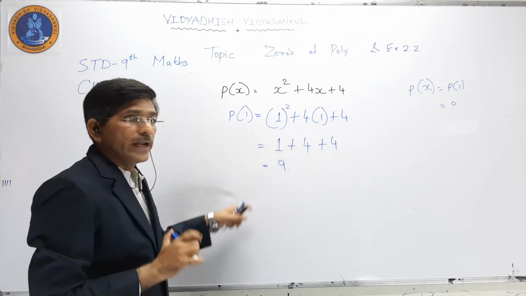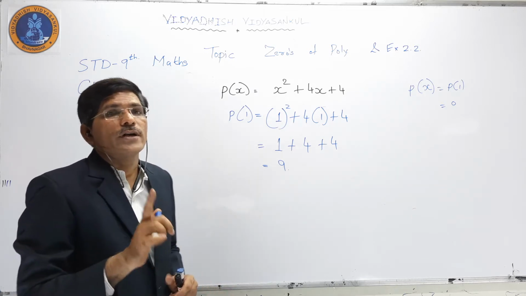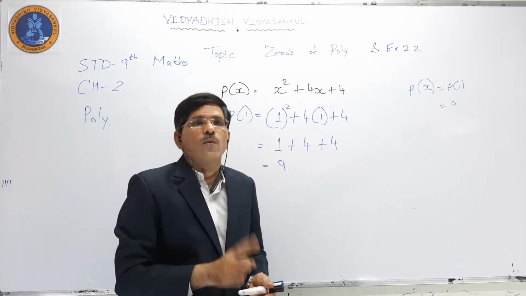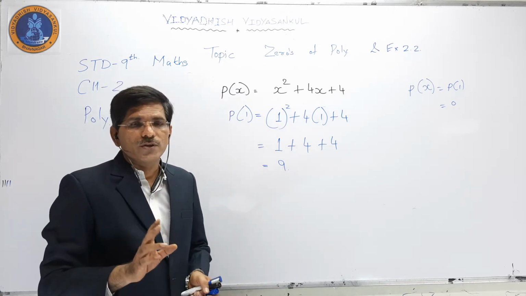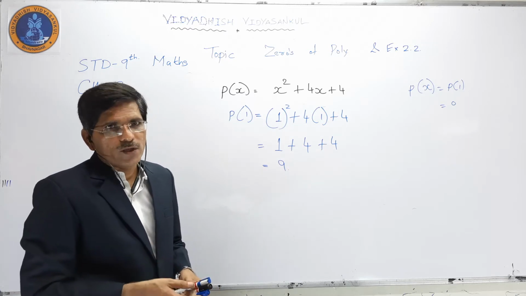So it is called the value of p of x, not a zero of p of x. Why? Because p of 1 is not equal to 0.